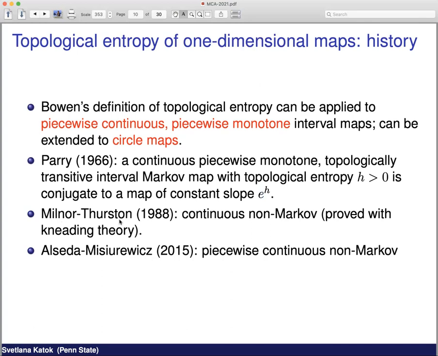And then Milnor and Thurston, 1988, extended it to continuous non-Markov maps, which was proved using the kneading theory. Alsedà and Misiurewicz extended it to piecewise continuous non-Markov maps. So we are going to use some kind of combination or extension of Alsedà-Misiurewicz for the circle map.